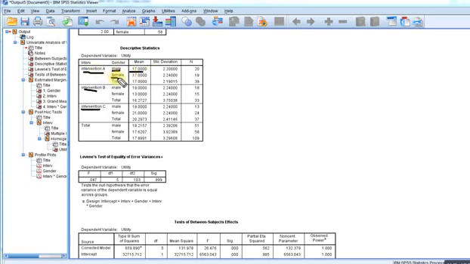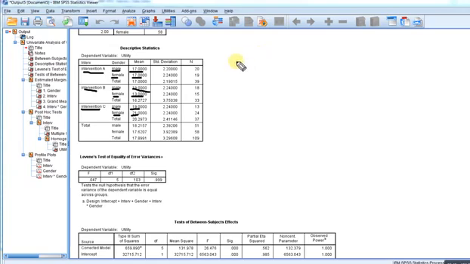For females receiving intervention A, it was 17. Males receiving intervention B scored 19 on average, females scored 13 on average, and then for intervention C, males scored 19 on average and females scored 21. So basically you have 1, 2, 3, 4, 5, 6 means that are being compared.